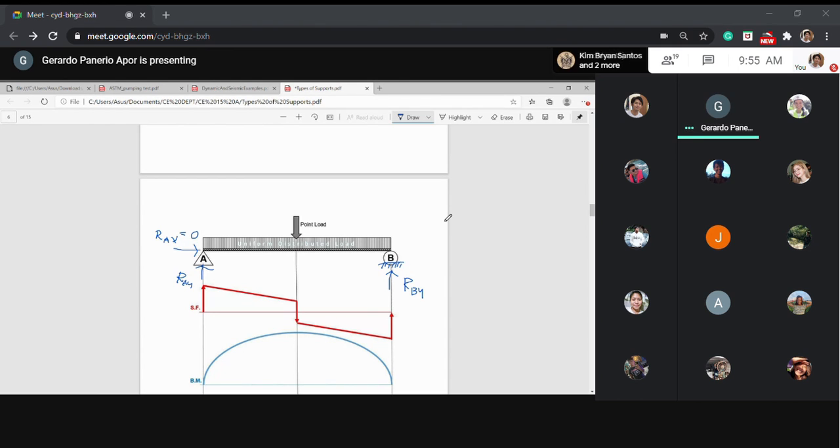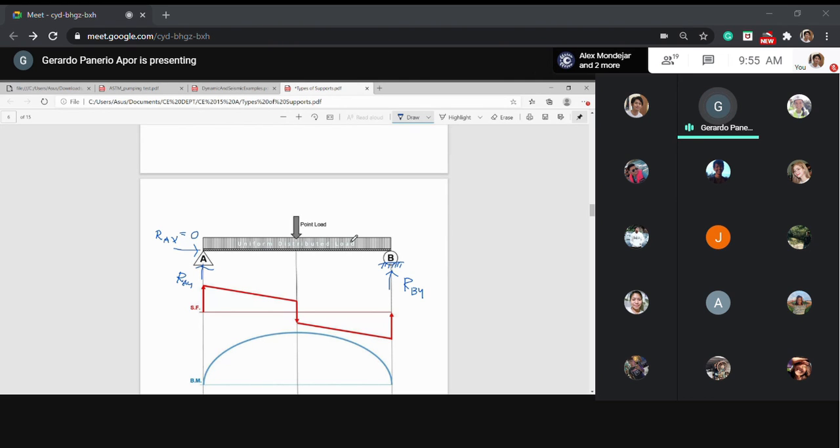Okay. So now, this diagram is what we call the load diagram. The load diagram is a diagram of the structure or the substructure wherein all external forces acting are there, including the reaction, because reactions are considered external forces.